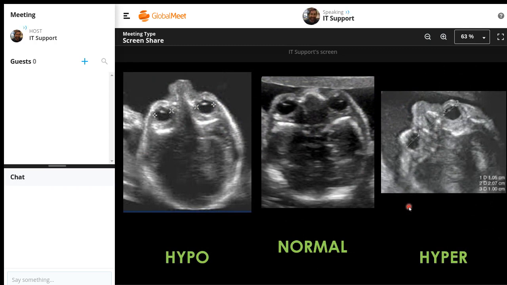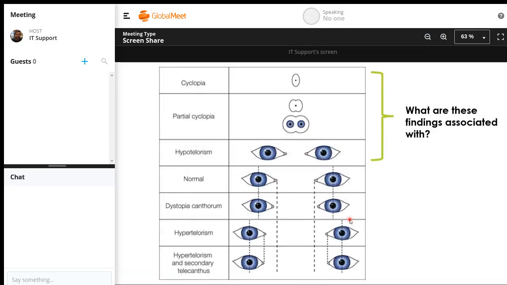So it can be difficult to diagnose on ultrasound. Obviously there is very little difference in position of all of these eyes. So it's a tricky one to make unless it's very severe hypo- or hypertelorism. So what are these findings associated with?